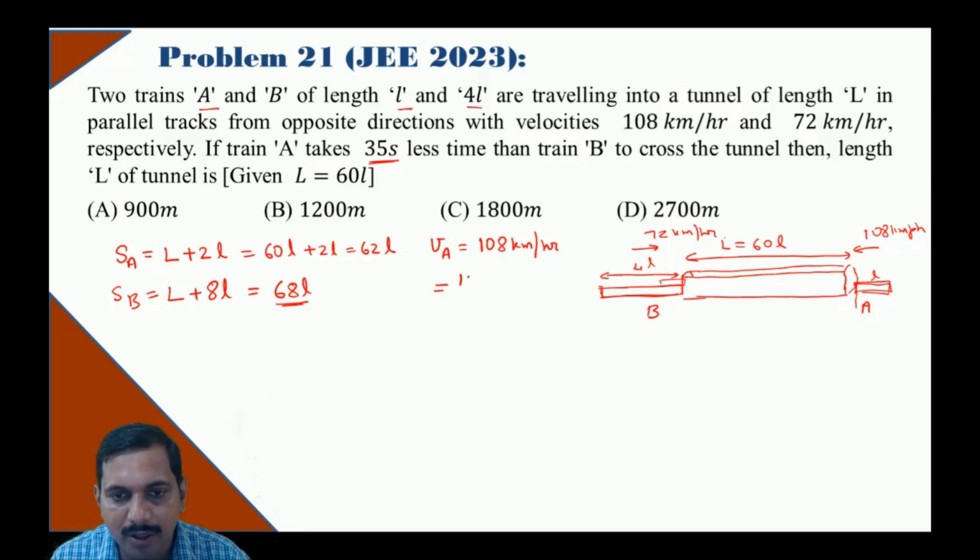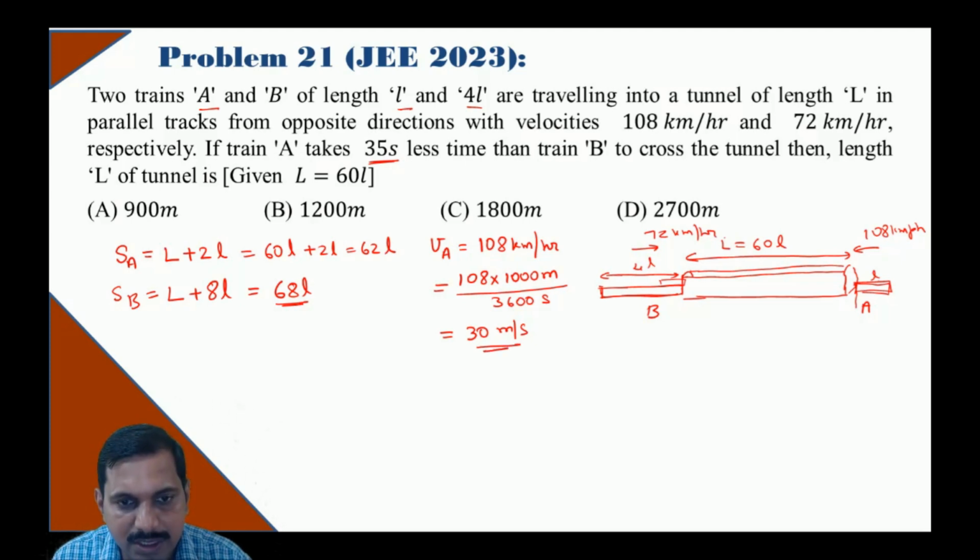So 108 into 1 kilometer, which is 1000 meters, divided by 1 hour, which is 3600 seconds. This comes out to be 30 meters per second. Similarly, VB is 72 into 1000 divided by 3600, which comes out to be 20 meters per second.